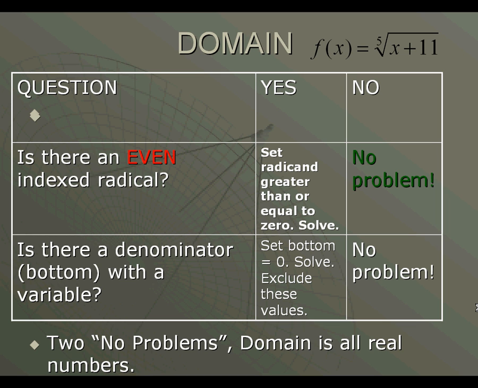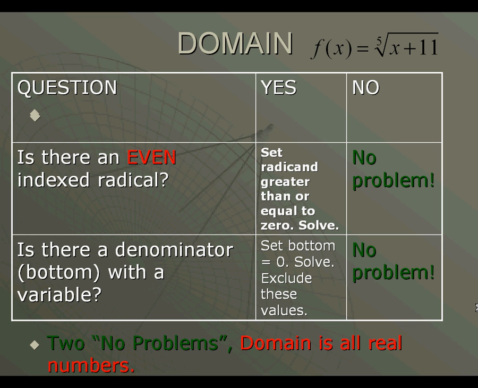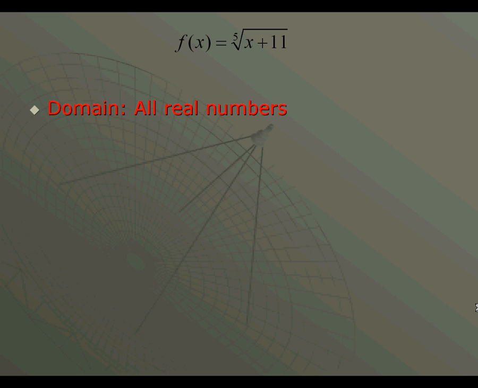So we're here at no for no problem. Is there a denominator with a variable? The answer is no. When we get 2 no problems, that tells us our domain is all real numbers. So we've determined the domain for this function, f of x is equal to 5th root of x plus 11. The domain is all real numbers.